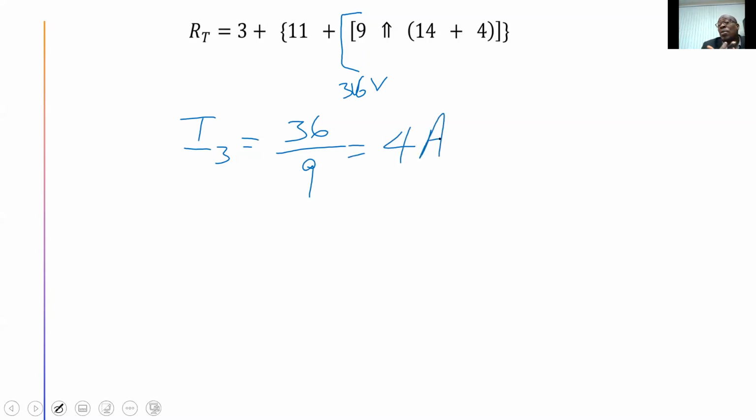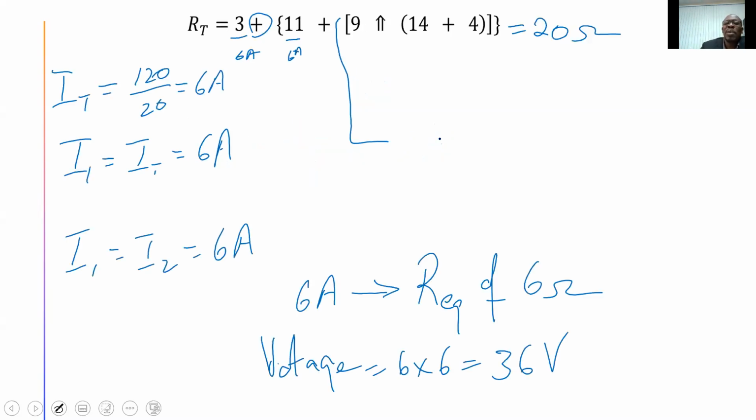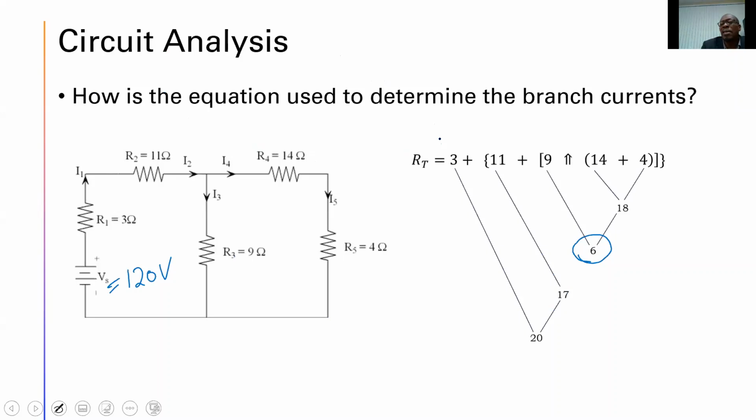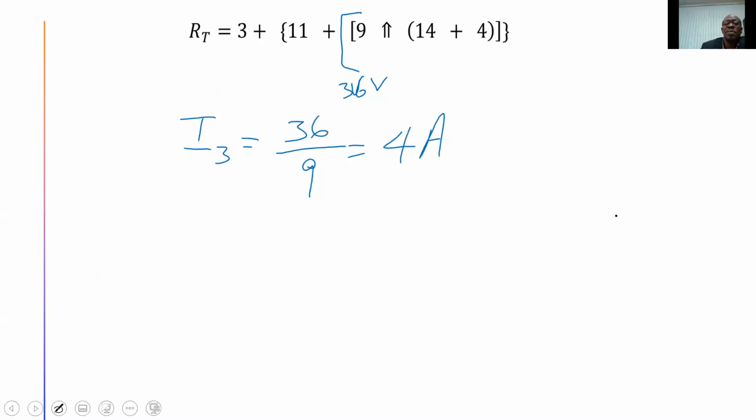But because we already know that the 9 was in parallel with the rest of the circuit, we can look back at our equation and see that the 9 was in parallel with 18 ohms. So the current in the 18 ohm section, which is I4, would be equal to 36 divided by 18, which is 2 amperes.